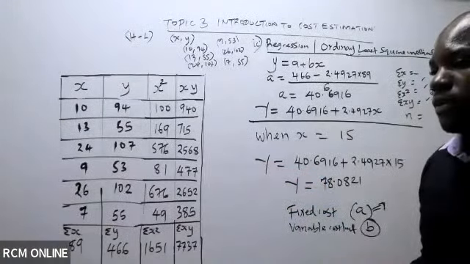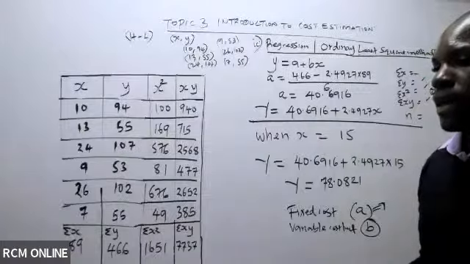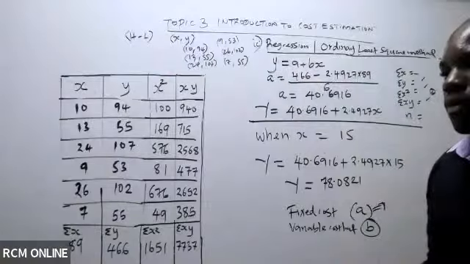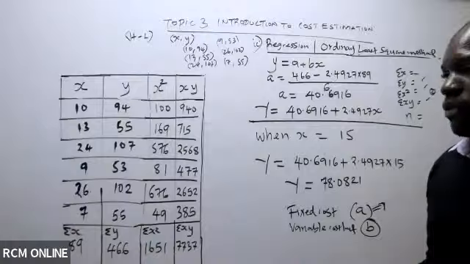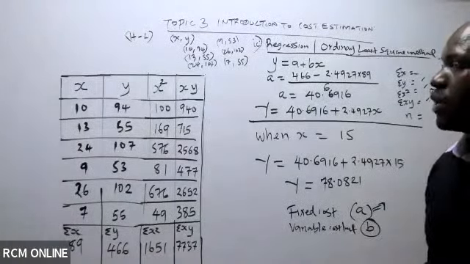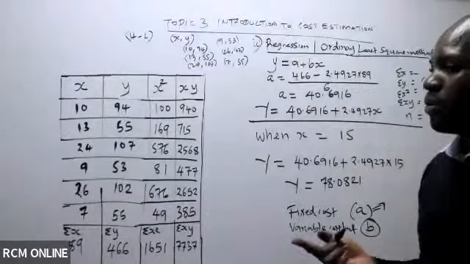Pardon, about x times 15. Where do you find 15? Can someone tell him or her how we are getting 15? Can you go to your workings under the regression method?